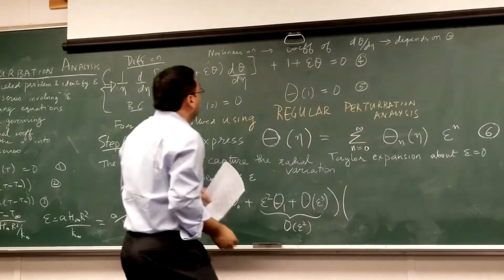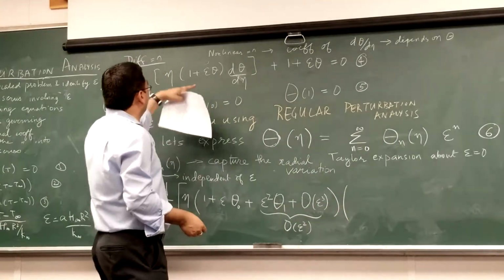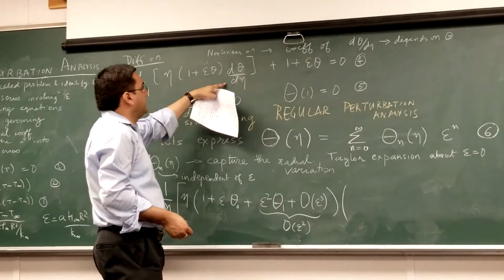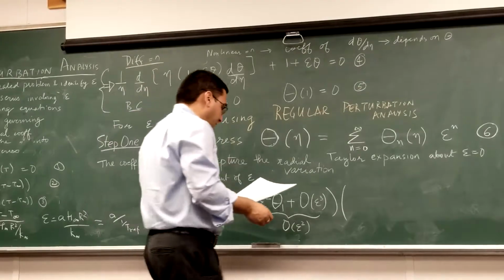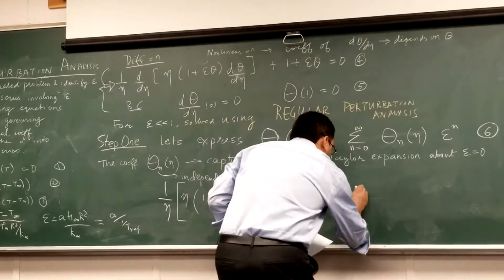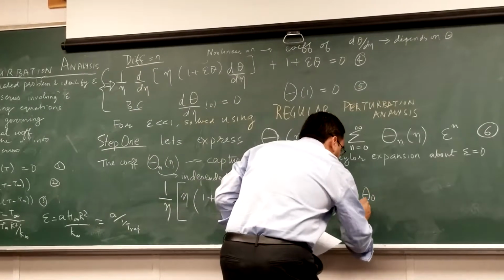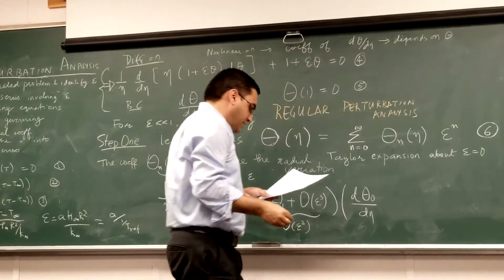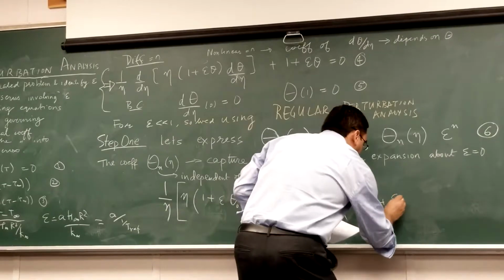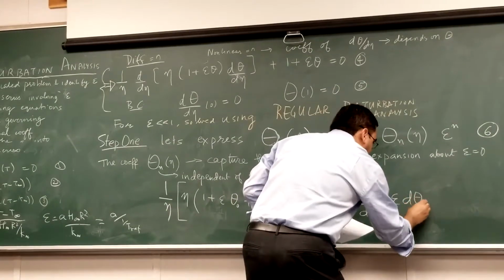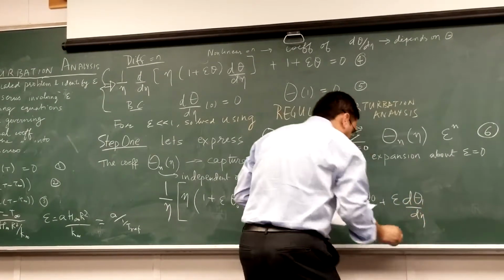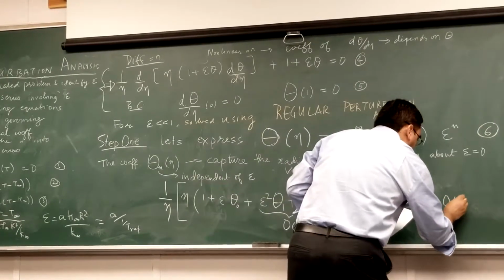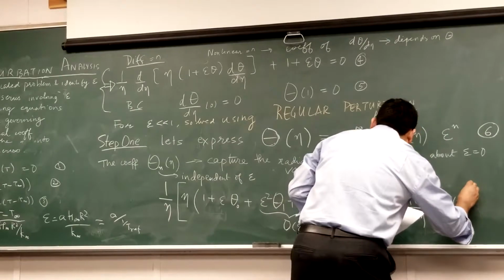And then this is just this part of the term. Now we need the derivative, d theta over d eta. And that derivative is going to be the derivative of the coefficients, because only the coefficients have eta dependence. So this coefficient appears, then the next coefficient appears, and then everything else is higher order.